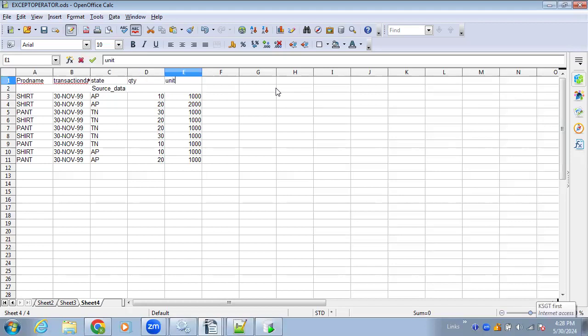Okay, and this is the unit price, the price of each shirt.